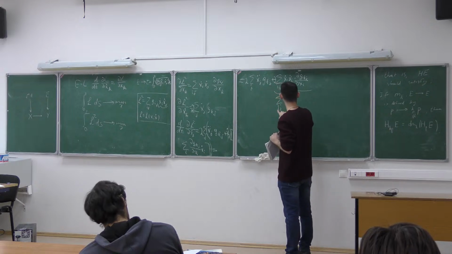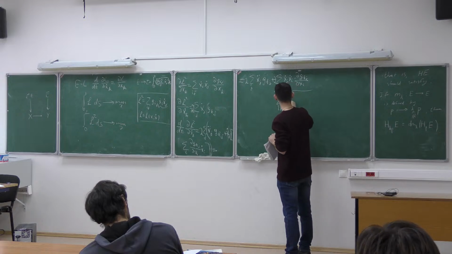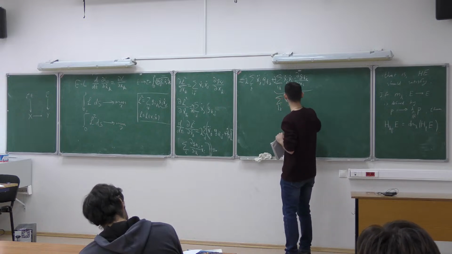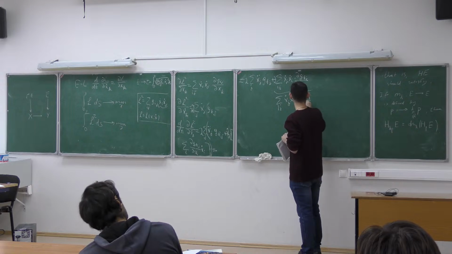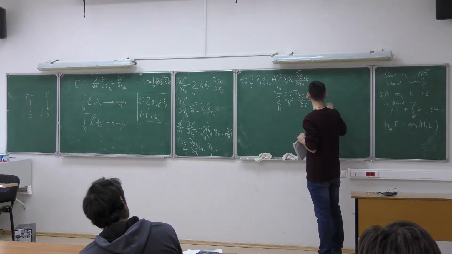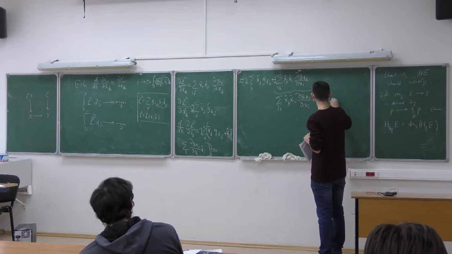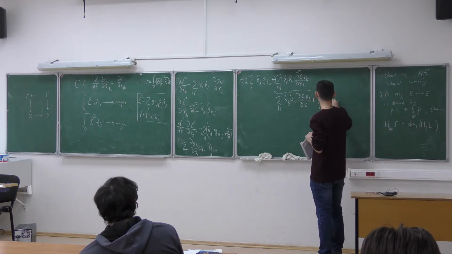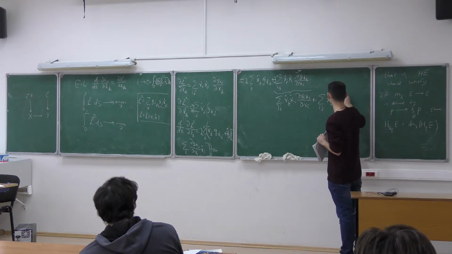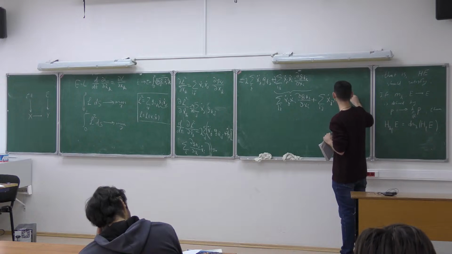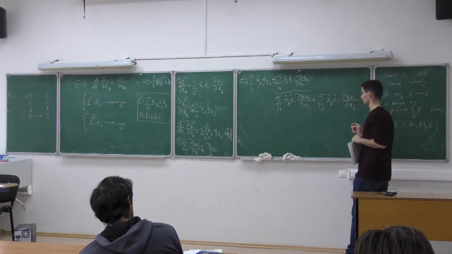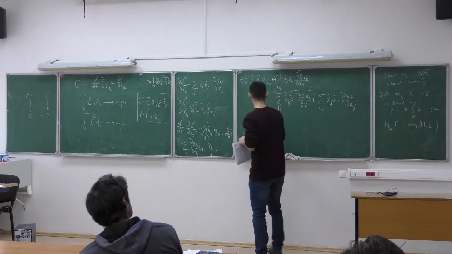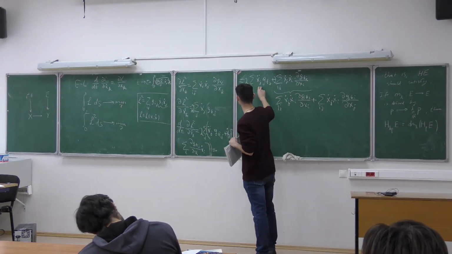The first one is the sum over ij of xj dot times xi dot times the derivative of gkj with respect to xi, plus the sum over all ij of xj dot xi dot times the derivative of gki with respect to xj. And then we equate these two terms.